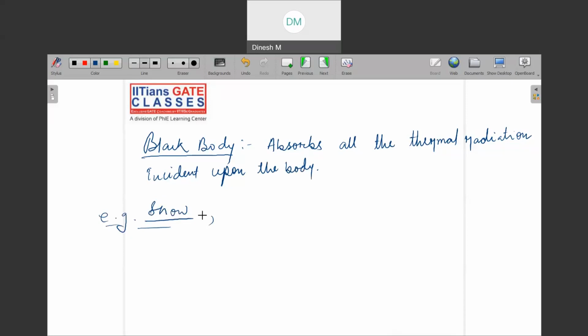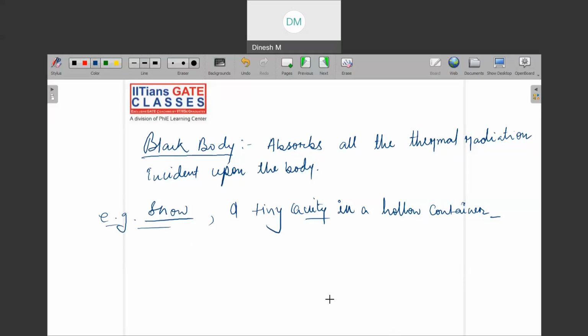Another example is a tiny cavity. A tiny cavity in a hollow container is also an example of a black body. What happens in the tiny hollow container?